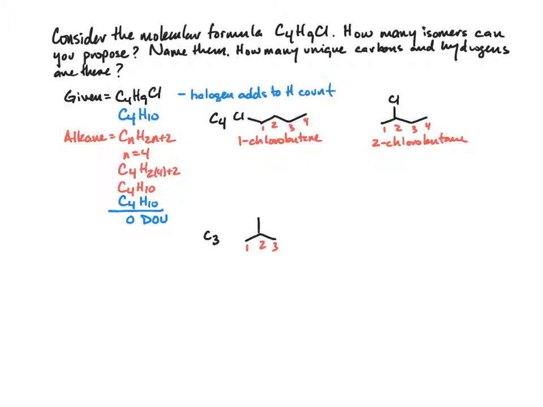Let's put the chlorine at position 1. We have a 3-carbon chain, so it's a propane derivative. The substituents are chlorine and methyl, and we name these alphabetically in the chain. So we have 1-chloro-2-methylpropane.